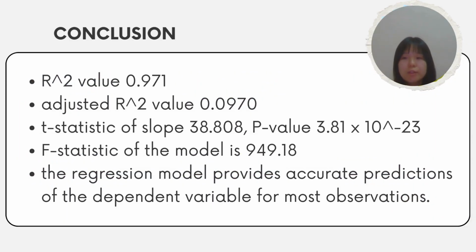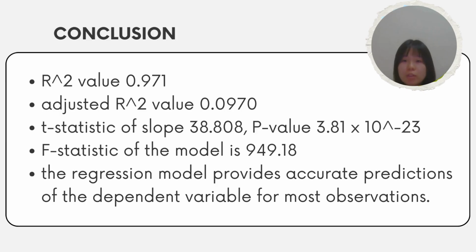In conclusion, the regression model shows strong predictive accuracy with an R-square of 0.971 and an adjusted R-square of 0.970, indicating it explains most of the variance in the dependent variable. The slope is highly significant, with a t-statistic of 38.808 and a p-value of 3.81 times 10 to the power of negative 23.